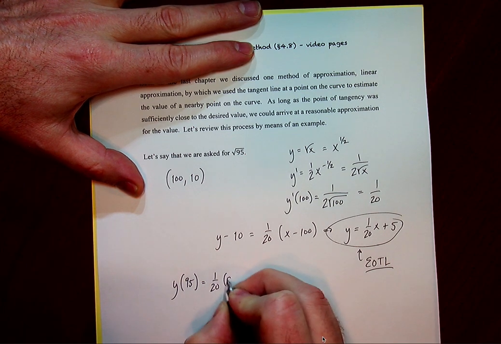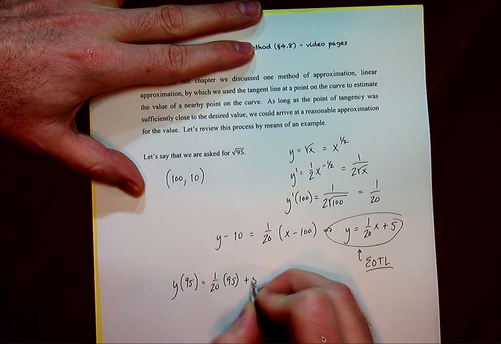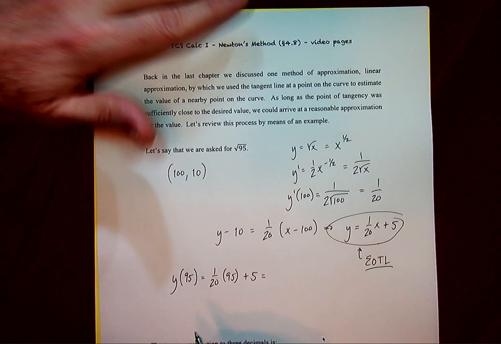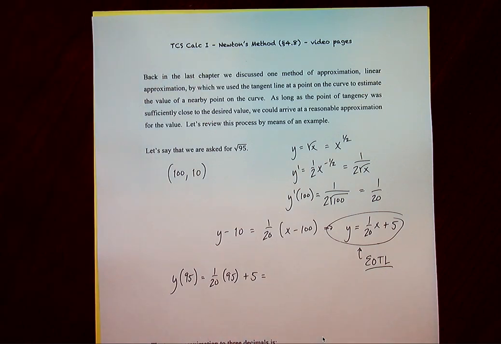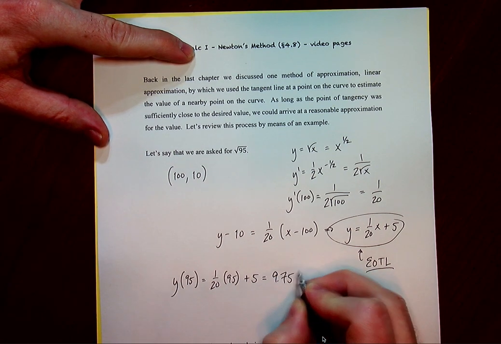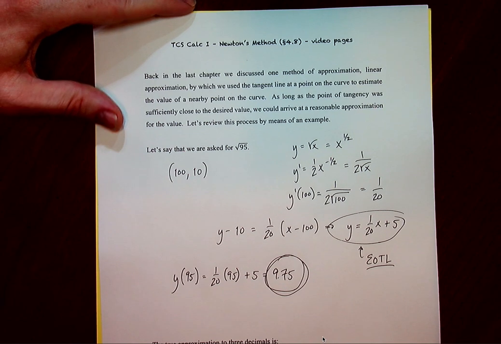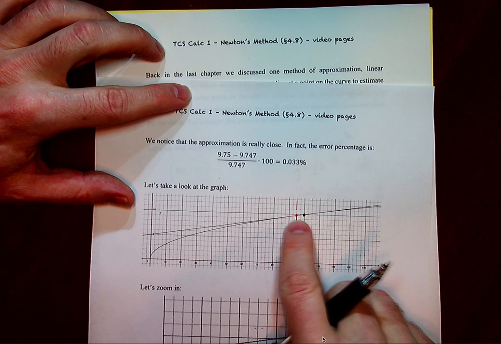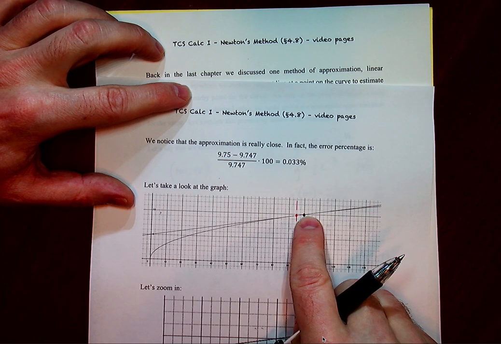What I'm going to get is 95 over 20, which reduces to 19 over 4, because they both have 5 as a factor. 19/4 is 4 3/4, or 4.75, plus 5 gives you 9.75. And that is the approximation that I get because they lie so close together, because I chose a point that was, like I said, sufficiently close.